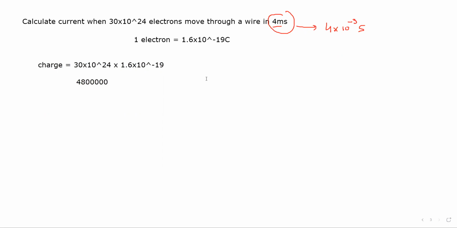But you don't need the charge, you need the current. So the formula for current is charge divided by time. So current is equal to charge, divided by time, because it is 4 milli, so it is 4 into 10 power minus 3.